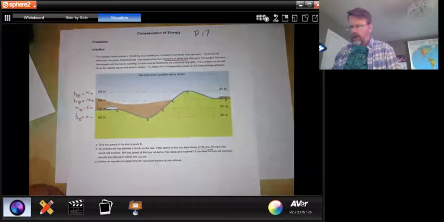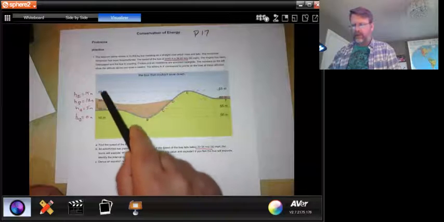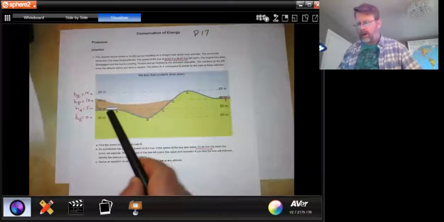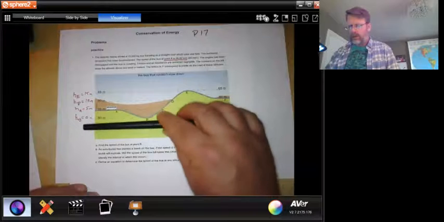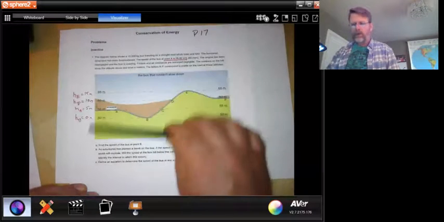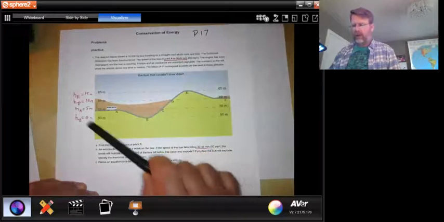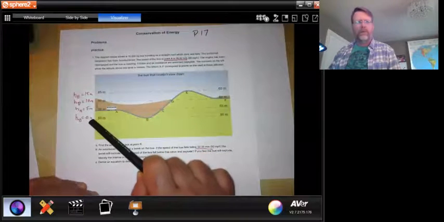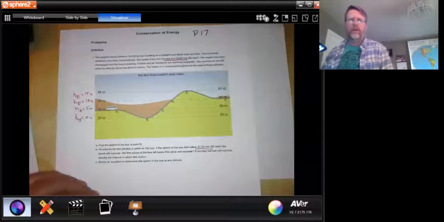So rather than using their numbers of 50, 55, 60, and 65, I switched and called this 0 and then moved up from there. Mathematically, they'll give you both the same answer, but anytime I have an opportunity to multiply something by 0, it's going to save a little bit of algebra on the end.